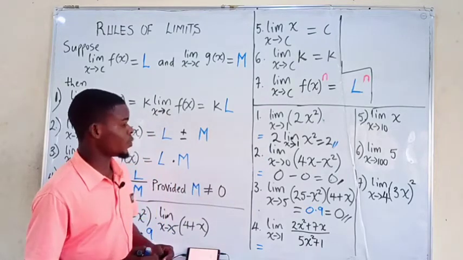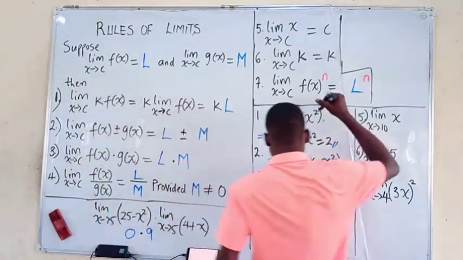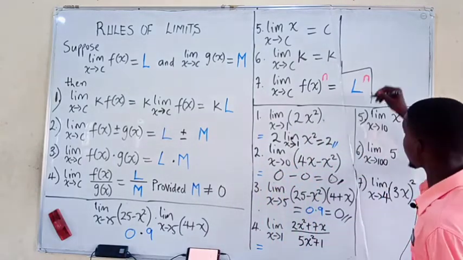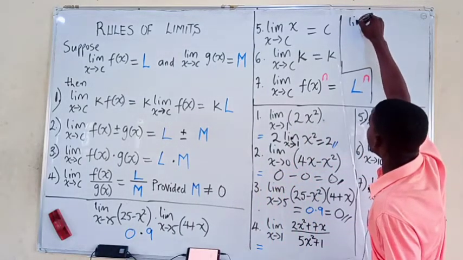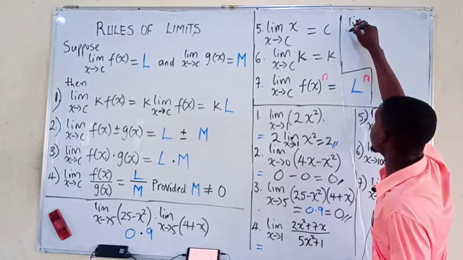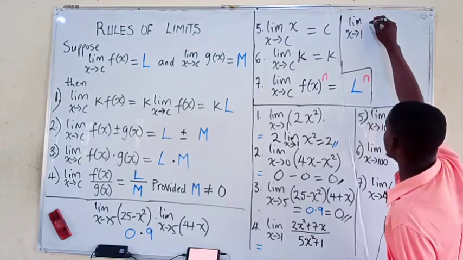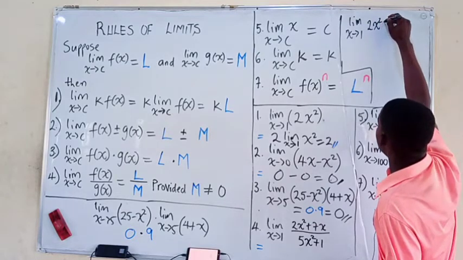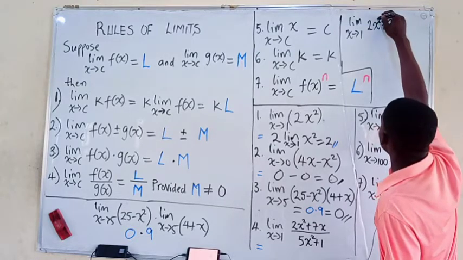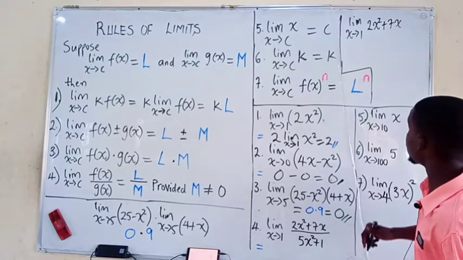So let's just do that anyway. Now we have to take the limit as x tends to 1 of 2x squared plus 7x. That is just the numerator alone.